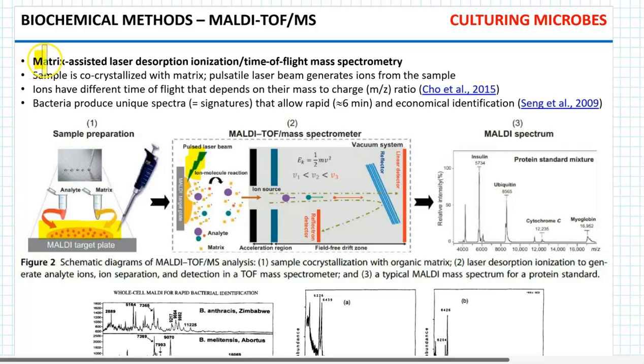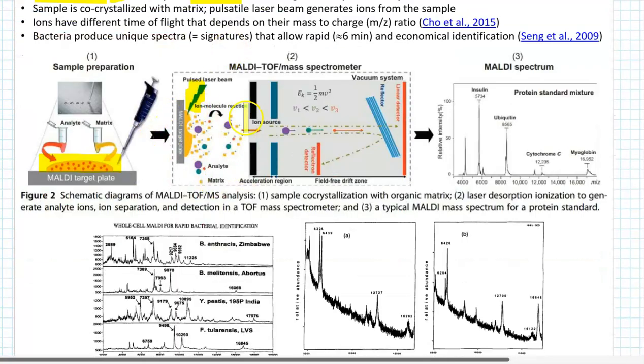You mix bacteria with matrix, therefore matrix assisted. And then you blast your sample with a laser. So laser desorption. Do you follow? When you blast this sample, you not just evaporate, you break down the cells into a bunch of individual fragments. That's ionization. These fragments, you can see them right here.